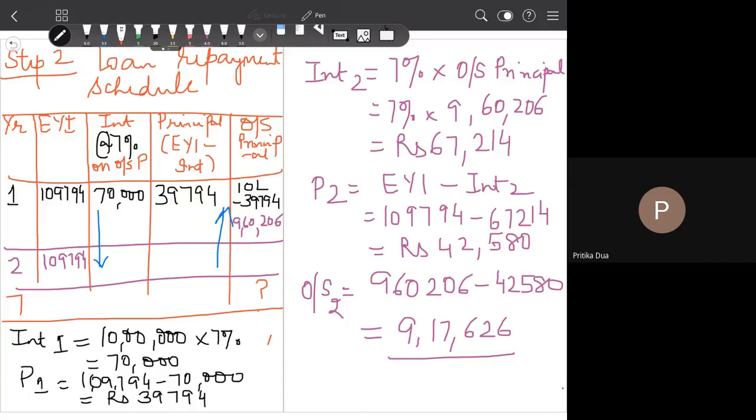Now this 39,794 will tell us what will be the outstanding principal at the end of the first year, which turns out to be 9,60,206. That is 10 lakh minus 39,794. Okay. So this step was to be repeated 7 times and we needed to calculate the amount outstanding at the end of the seventh year.